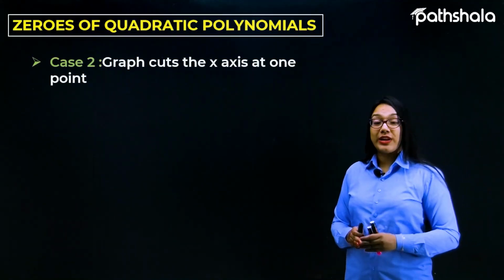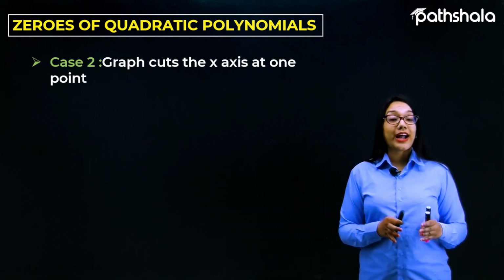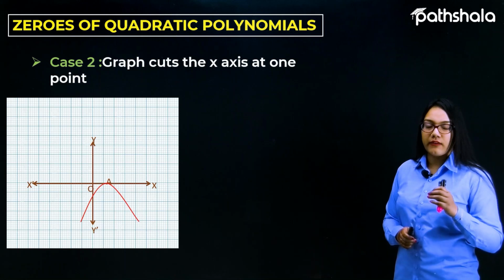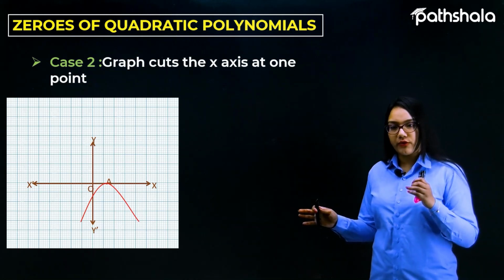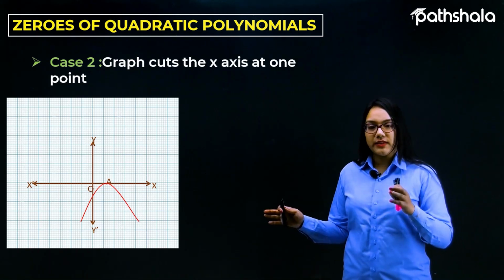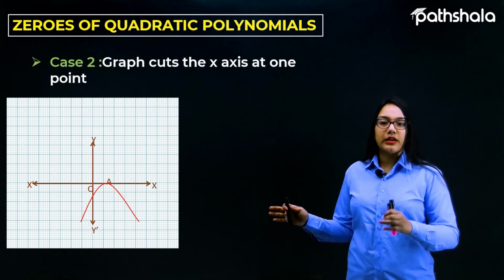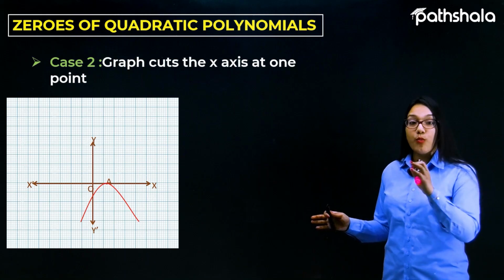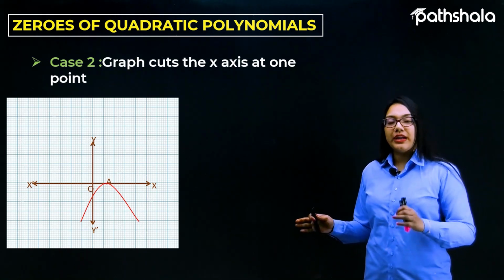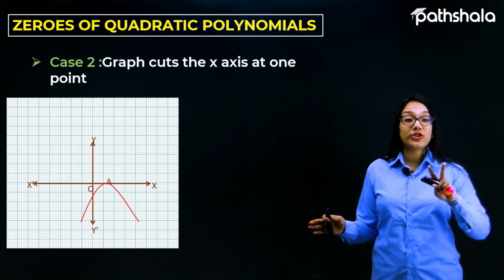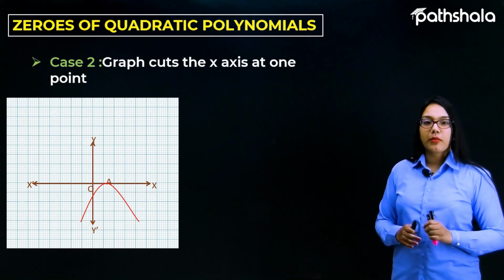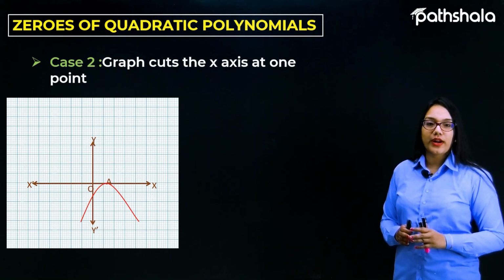Let's move on to case number 2. Case number 2 says when the graph cuts the x-axis at only 1 point. Let us suppose we have the graph of this particular curve. As we can see, the quadratic polynomial is cutting the x-axis at only 1 point. It means that it has 2 zeros which are equal to each other. Let us suppose we take half as a zero of the quadratic polynomial.